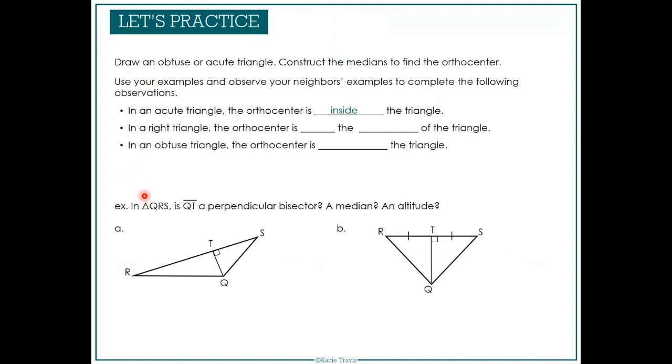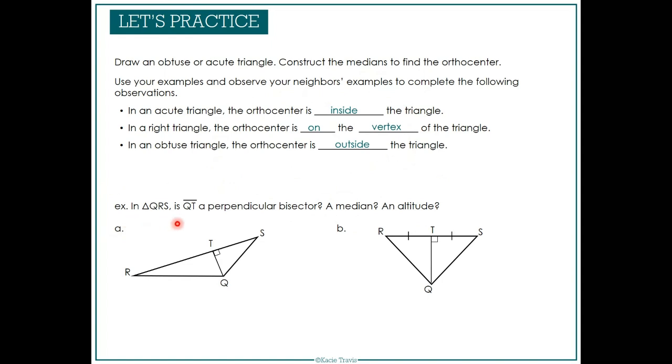If it's a right triangle, the orthocenter is on the vertex of the triangle. So that vertex that we're looking at is the vertex that's opposite the biggest side, the hypotenuse. And then in an obtuse triangle, the orthocenter is outside of the triangle. So these do kind of mirror what we have for our locations from perpendicular bisectors.